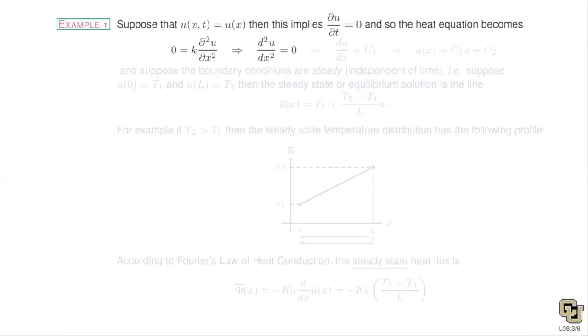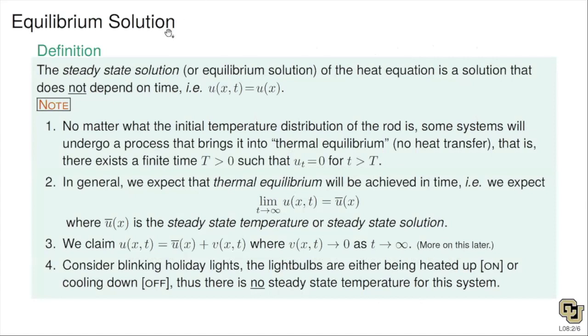One thing I should mention about the thermal equilibrium solution, what's very important is the idea that over time, our temperature U of x, t, our solution to the PDE, will in the limit as t goes to infinity evolve into the steady state temperature function. So eventually, as time goes to infinity, the pizza gets cold, the temperature stabilizes, and time is no longer a factor in the temperature situation.